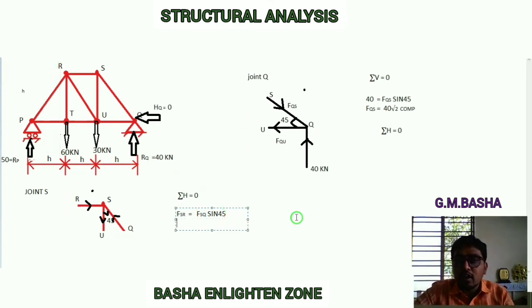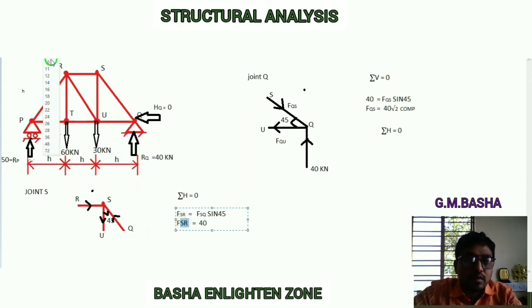Already you know the force in the member QS or SQ will be equal to 40 into root 2 compression. Substituting this force, 40 into root 2, again sin 45 will be equal to 1 by root 2. Cancel the root 2 and 1 by root 2. You will get the force in the member SR will be directly 40 kilonewton.